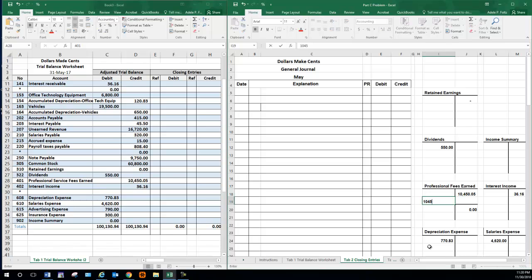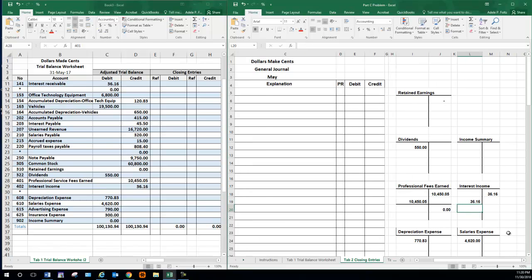Agreed? If it has a credit balance of $10,450 and I debit it $10,450, I will be left with a zero balance. I'm going to do the same thing over here with my interest income. It has a credit balance of $36.16. I want to debit it $36.16 so that I will end up with a zero balance over here as well. Okay.